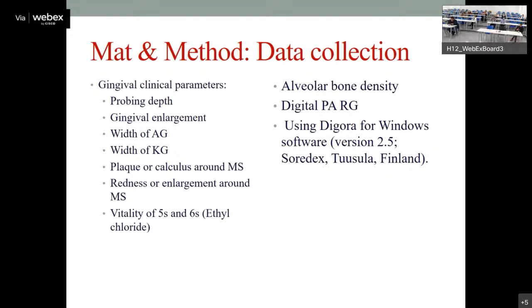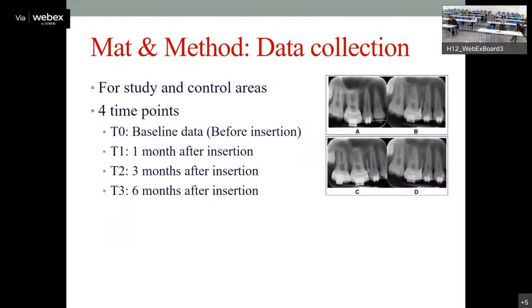Alveolar bone density was assessed using digital periapical radiographs and the GORA for Windows software. We assessed both the study area, between first molar and second premolar, and the control area, between first premolar and second premolar, at 4 time points: before insertion, T0, 1 month after insertion, T1, 3 months after insertion, and then 6 months after insertion.